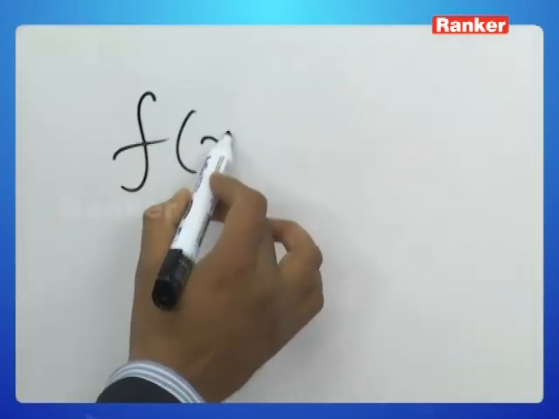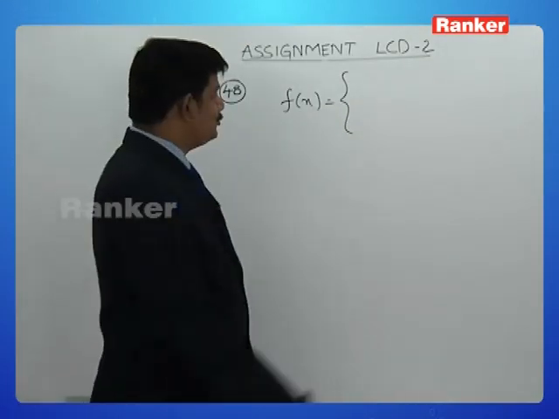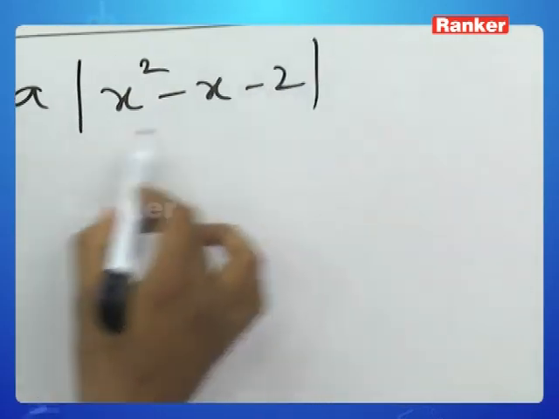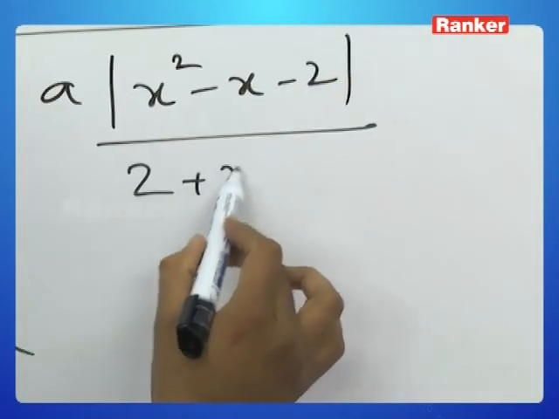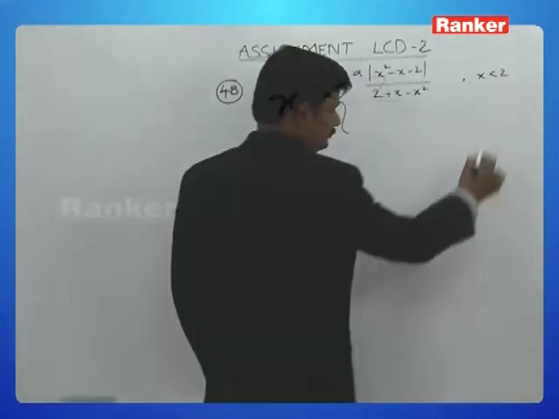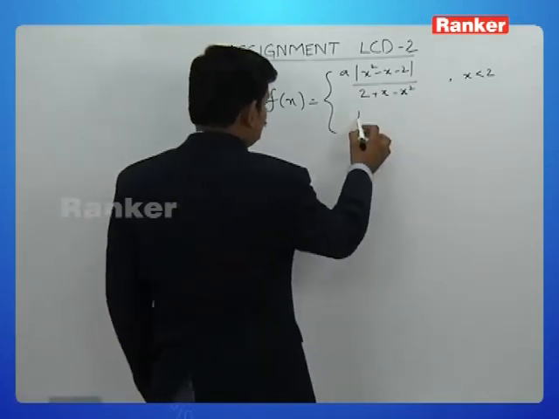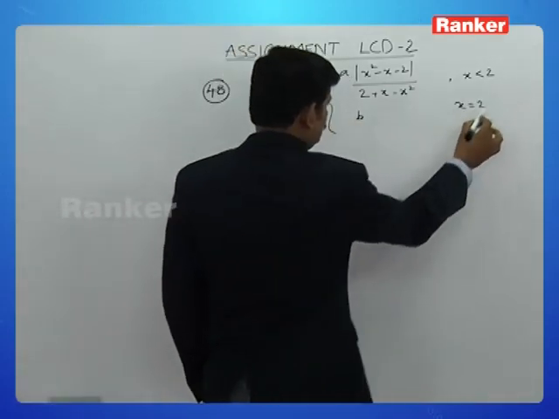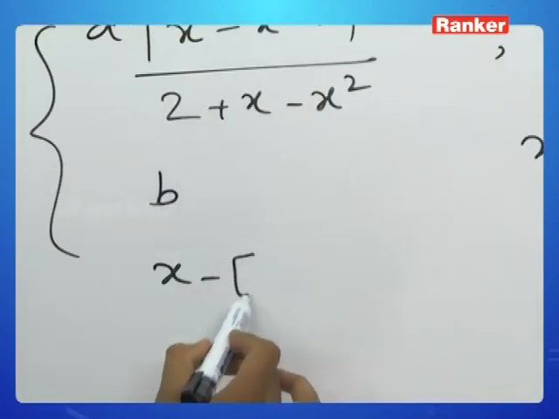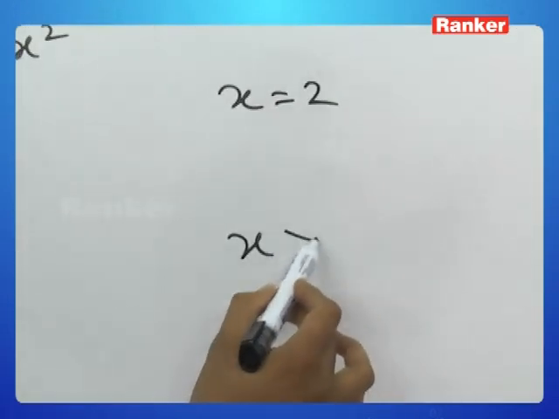f of x is defined as a into modulus of (x square minus x minus 2) divided by (2 plus x minus x square) if x is less than 2, b if x is equal to 2, and (x minus integral part of x) divided by (x minus 2) if x is greater than 2.